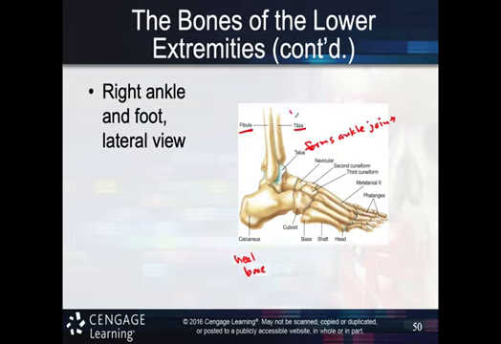The tibia bears the weight of the body. Okay. And the fibula does not bear the weight of the body. So that's very important, right? And the reason is that the fibula does not articulate, touch the femur, which is the thigh bone, right?